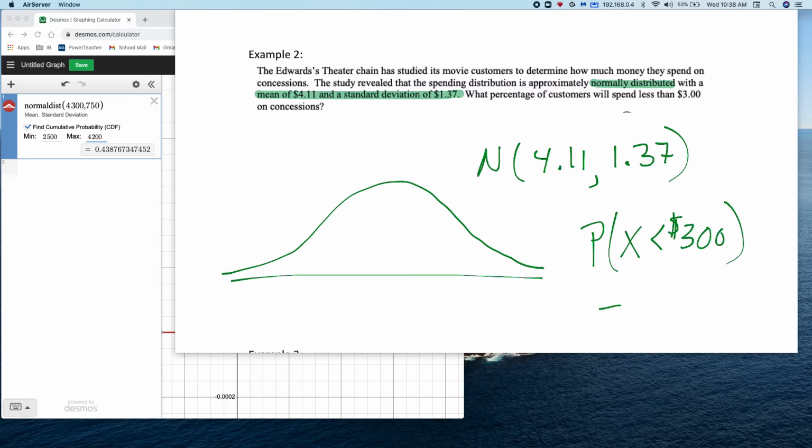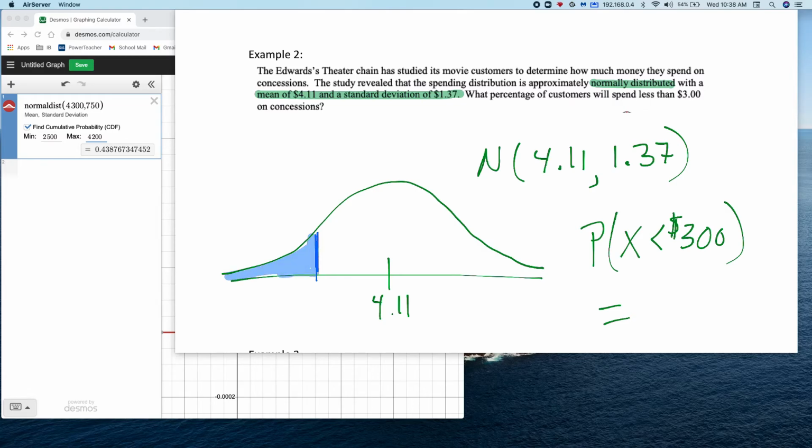So I might ask the question that way. Okay, so here I go, $4.11. That's my mean. So $3 might be back here somewhere. I need to know what percentage is going to be less than that. So I'm looking at this tail over here.